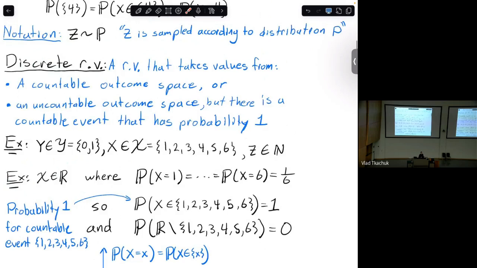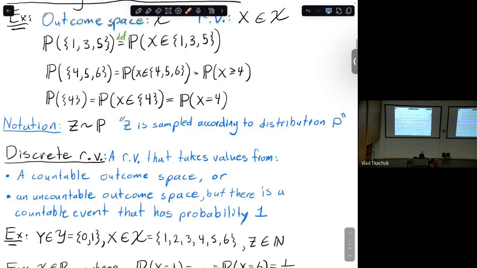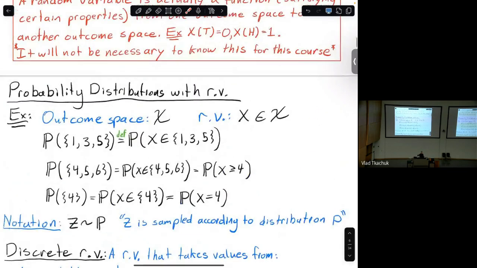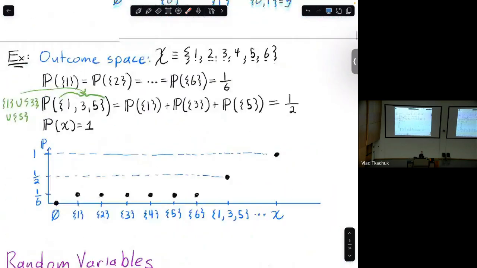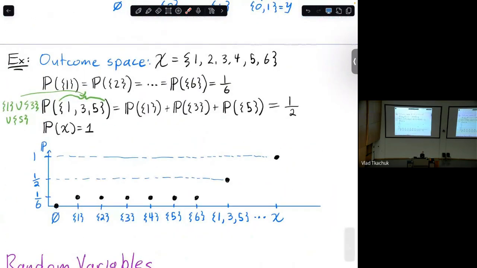Now we get into the thing I was saying before, which is that defining distributions over events gets really ugly, because here we only have 6 outcomes and there's already a ton of events you have to define a probability for. I said there's a nice shortcut: you just define the probability distribution over the events that contain single outcomes.